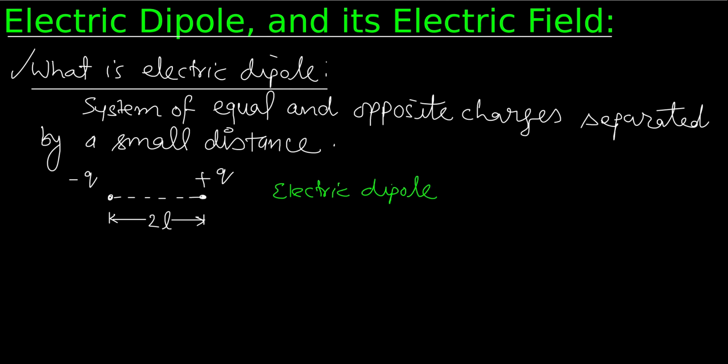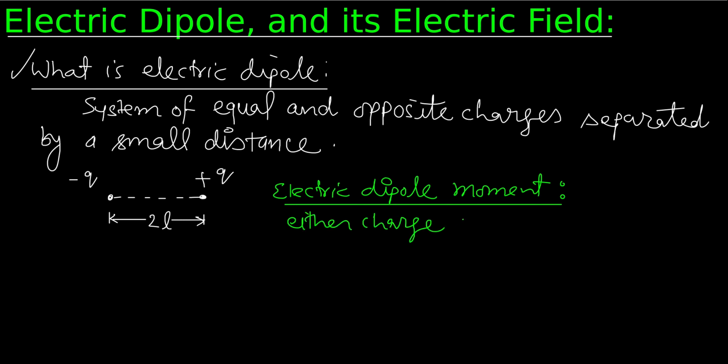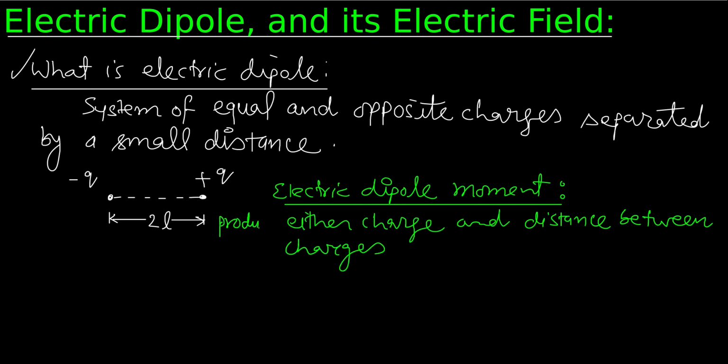What is this electric dipole moment? Electric dipole moment is a characteristic of the electric dipole. It is defined as the product of either charge and the distance between the charges.